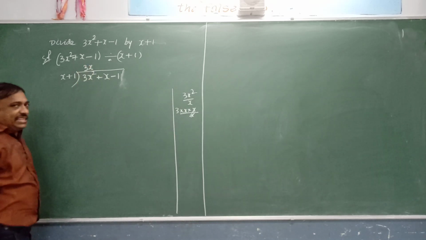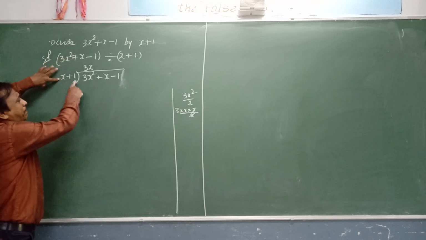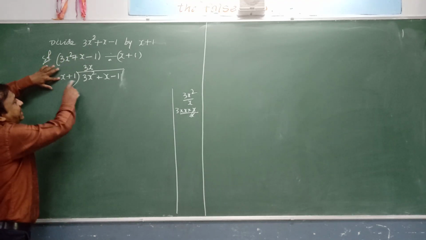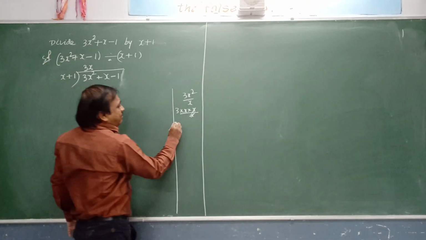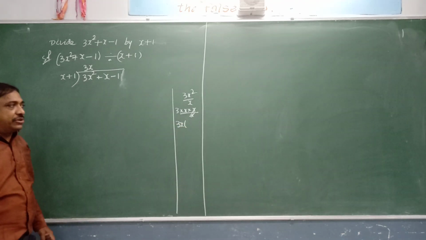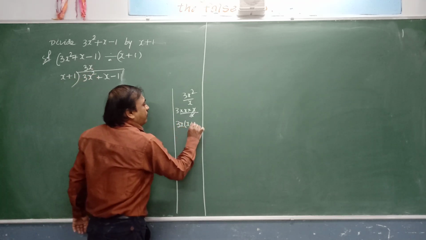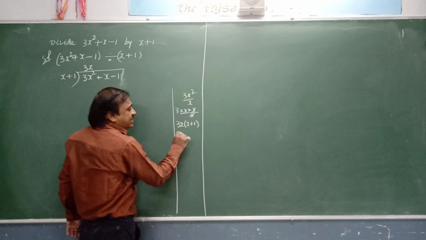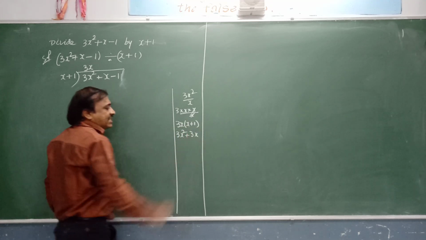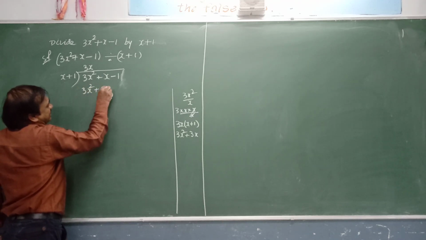When you obtain 3x, you need to multiply this quotient with the complete divisor. Rough work is also very important, but write it in the rough column. 3x into x plus 1: 3x into x is 3x square, plus 3x into 1 is 3x. So 3x square plus 3x.